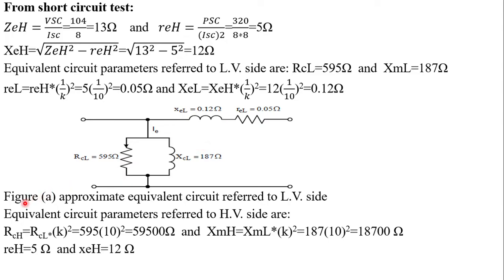Now we are going to do the equivalent circuit parameters referred to the high voltage side. So here is the low voltage side and here is the high voltage side. Now we translate these shunt parameters at the low voltage side into the high voltage side. So Rch, which is the core resistance at the high voltage side, is equal to the core loss resistance at the low voltage side times k squared, the voltage transformation ratio squared.